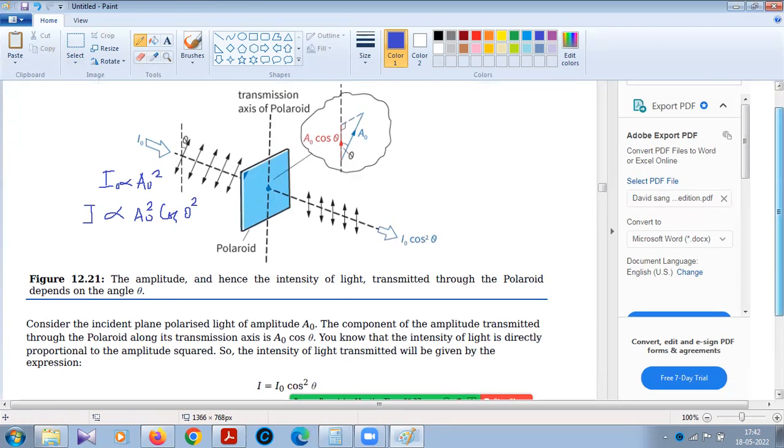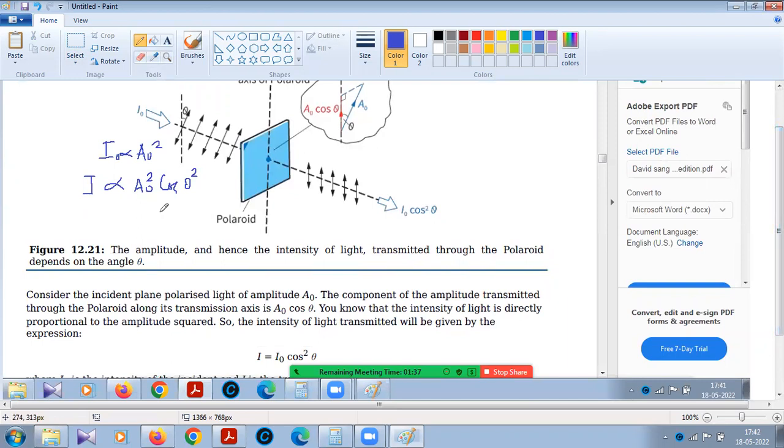So this A naught squared we can replace with some I naught, and from there this formula is coming: I equals I naught cos squared theta, where I naught is the intensity before it passes through the other Polaroid, and theta is the angle between this polarized light and the transmission axis.